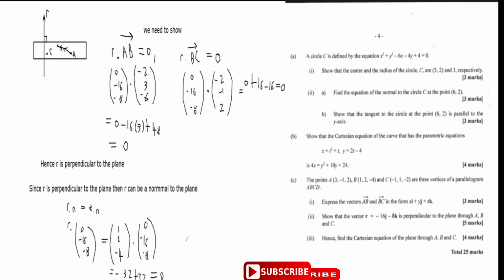And so that implies that the Cartesian equation is going to be, remember what r stands for. r stands for x, y, z. And so the Cartesian equation is going to be 0 times x is 0, so it's minus 16y minus 8z is equal to 0.